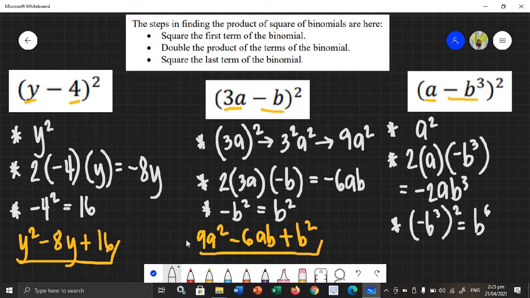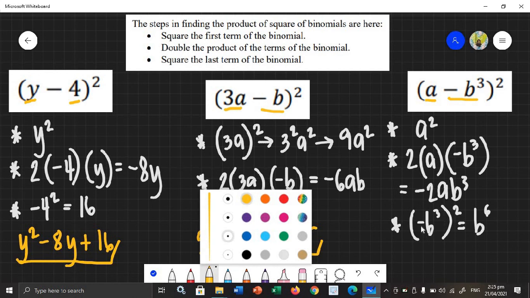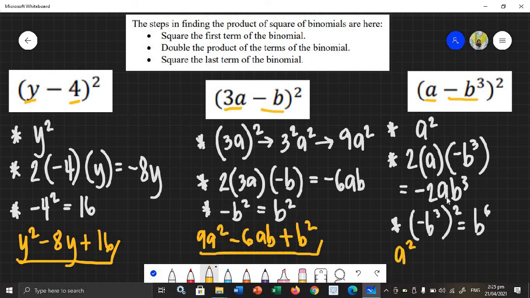Okay? And then combining all of this, we now have first term natin is a to the second power. Second term natin is negative. So just write minus 2ab to the third. Last term natin is positive. So plus b to the 6th power.